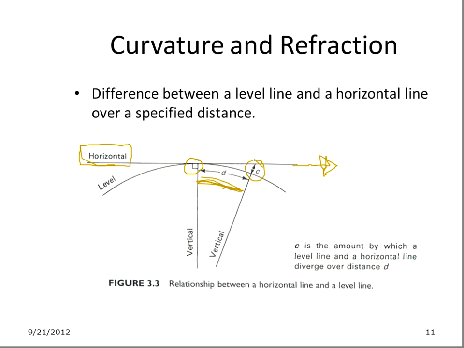The error, though, is very small and essentially negligible for distances under 1,000 feet. At 1,000 feet, this error, this divergence here, is 0.024 feet. Okay? So basically you're looking at 2/100th of a foot.